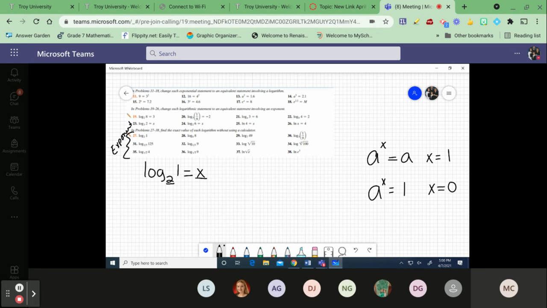Base, exponent, solution. 2 to the x equals 1. Just looked at that a second ago. If 2 to the x is equal to 1, then x has to equal 0, right?